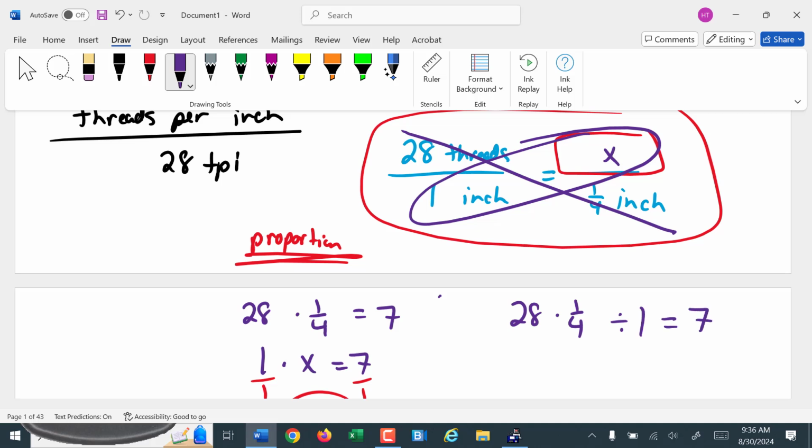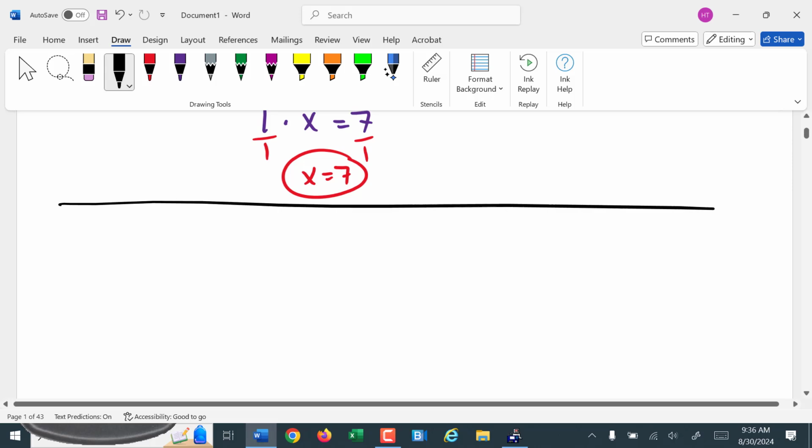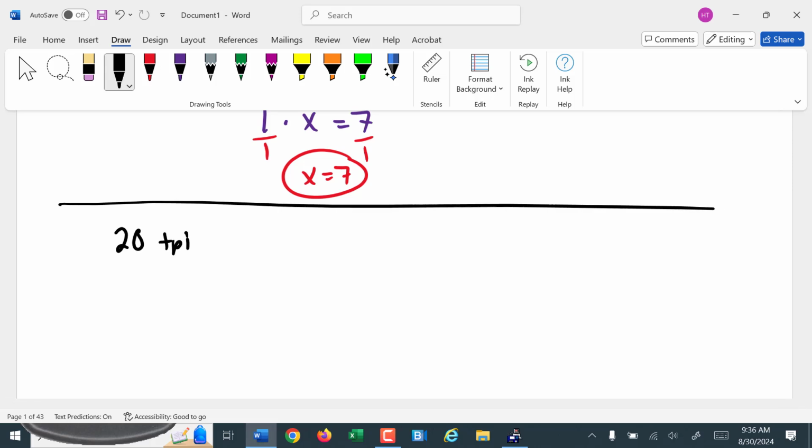We multiply the two numbers that are diagonal to each other, the 28 and the 1/4, and then we divide by the number that's diagonal with our missing number, the 1. So what this is telling us is we have to advance that nut 7 threads to get a 1/4 inch, or 7 complete turns onto that bolt to get a 1/4 inch.